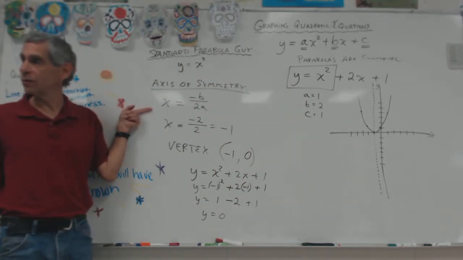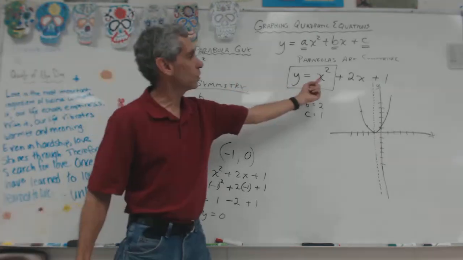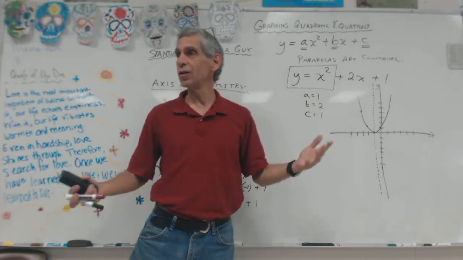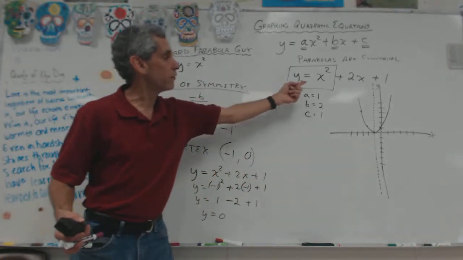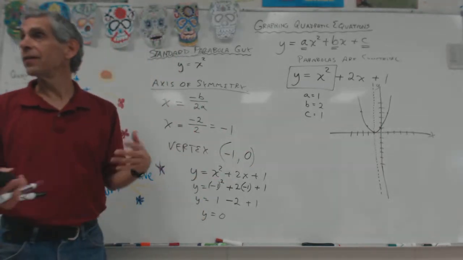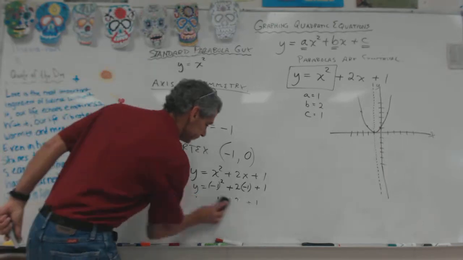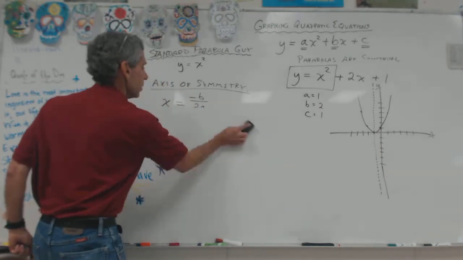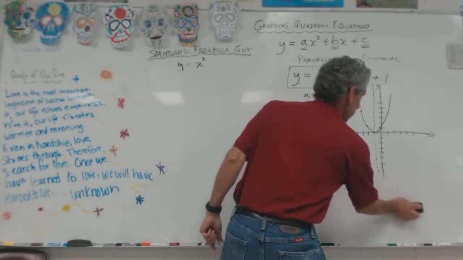X equals -b over 2a. Then you get an answer, and you plug it into your equation to get your x and y, right? You have your x from this, you get your y from this, and then you plot it, and then it's standard parabola guide, right? So let's do it. Let's see.